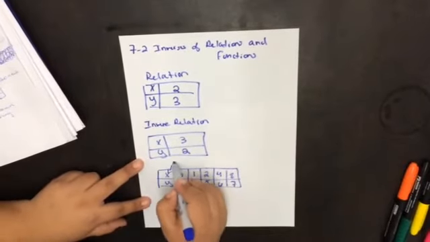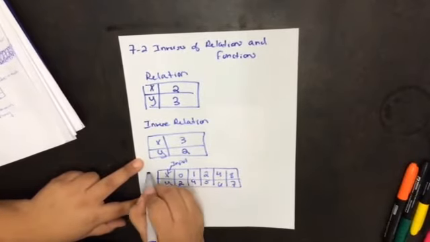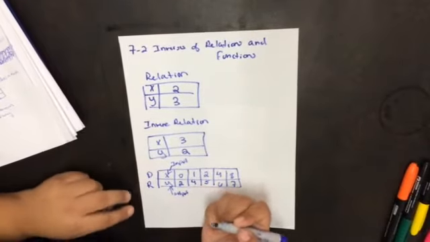This is your input, and this is your output. Your x values are your domain, and your y values are your range.